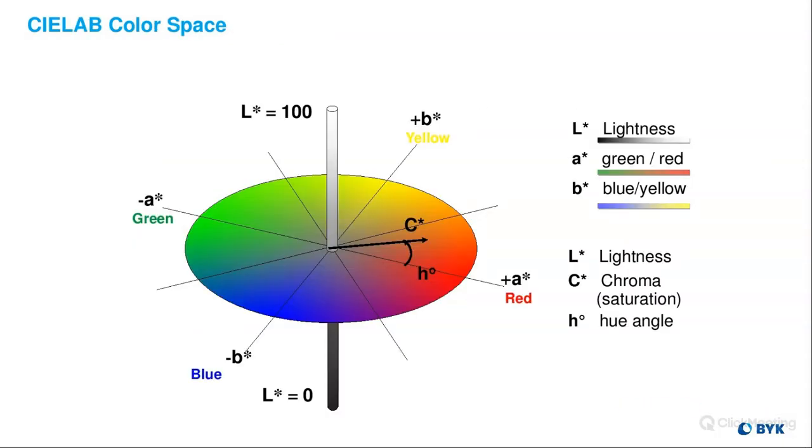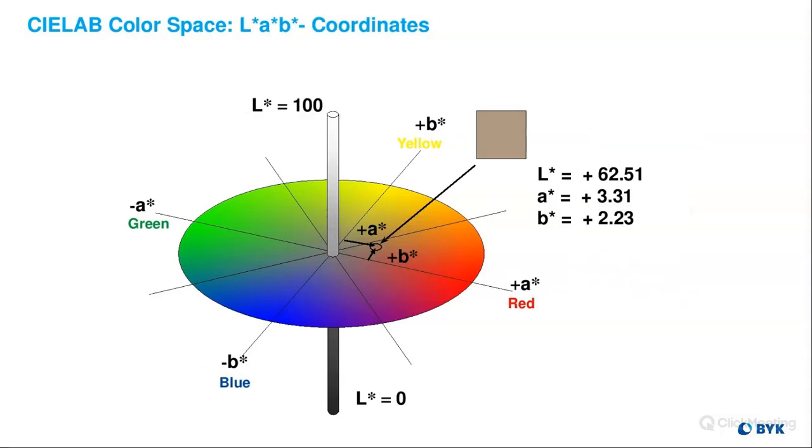So instead of communicating XYZ, CIELAB changed it to LAB or LCH, depending on if you have a chromatic or non-chromatic color. And here's an example of a tan that has an L of 62.51, an A of 3.31, and a B of 2.23.